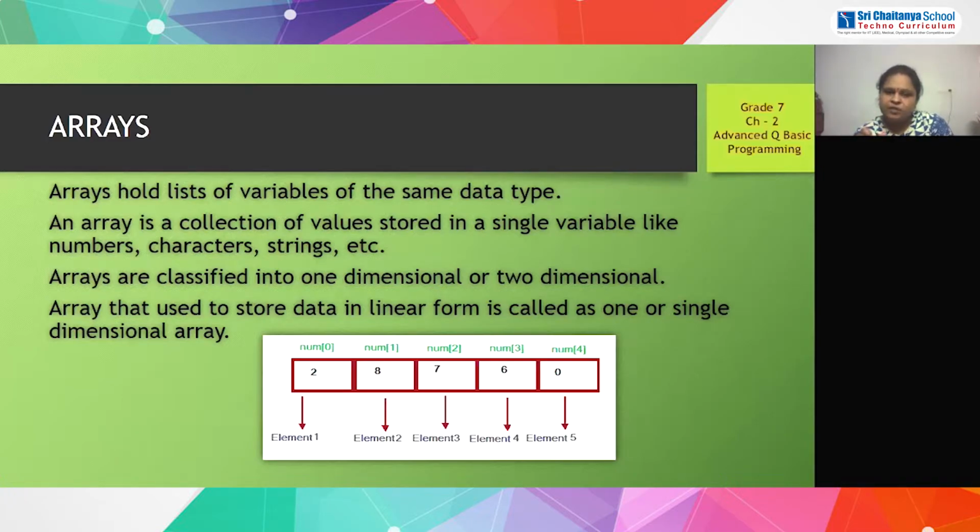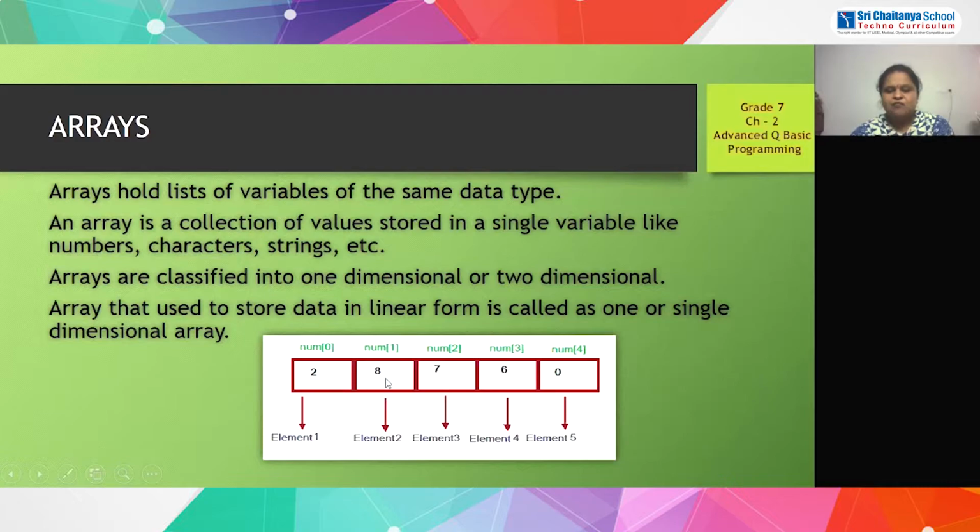What is a one-dimensional array? A one-dimensional array is data stored in a linear form, means in one single line. That is called a single-dimensional array or a linear array. You can see in the picture, in one line we are saving 5 numbers, starting from 0, num01, num02, num03, num04, num05.